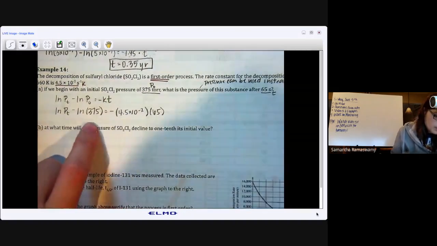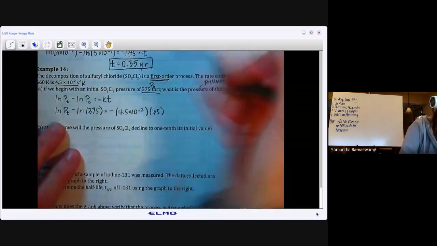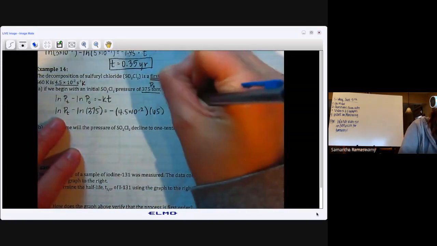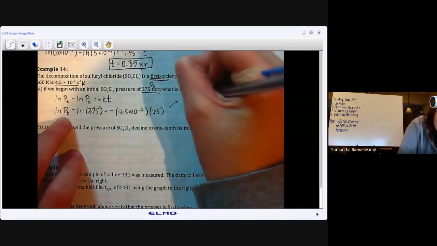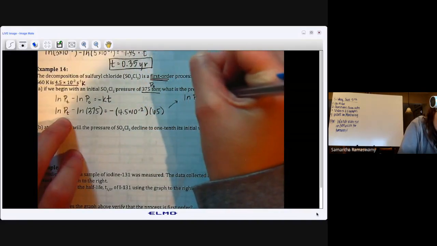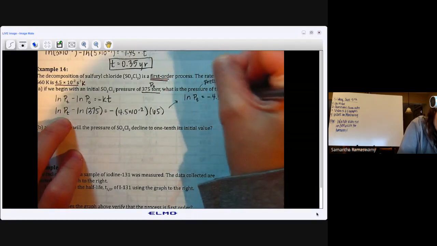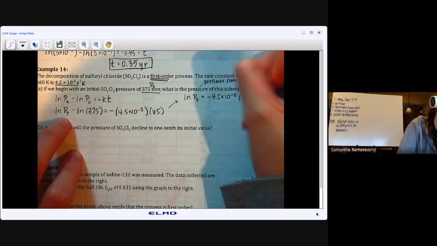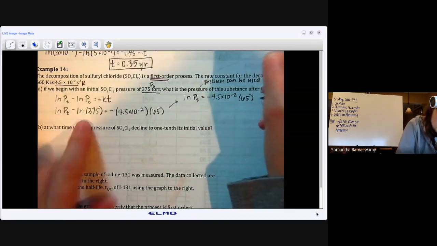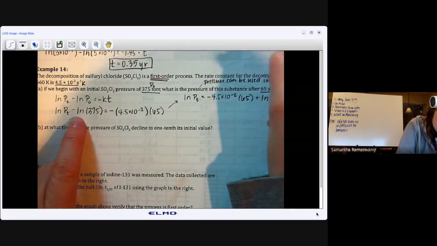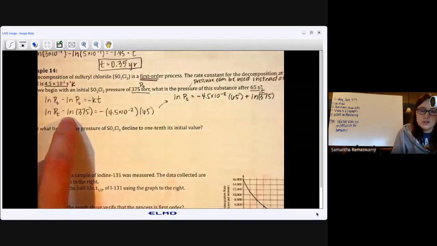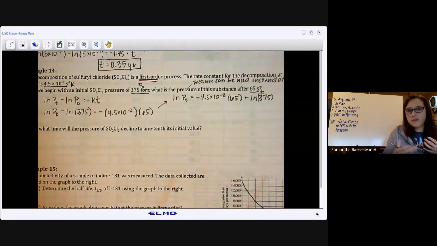So I'm going to go ahead and rearrange this equation right now. All right, so I'll move it up here. ln of P after some time equals negative 4.5 times 10 to the negative second times 65 plus ln of 375. So I just rearranged it to get the pressure variable on a side by itself.